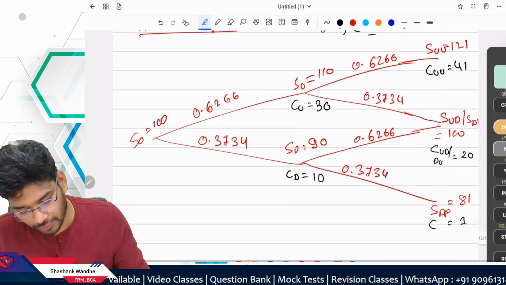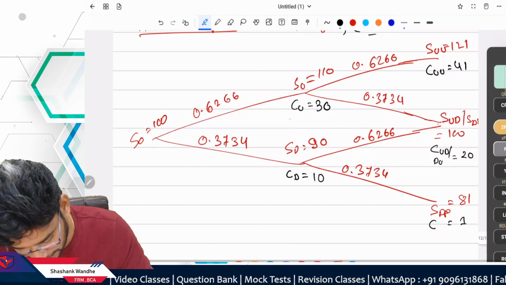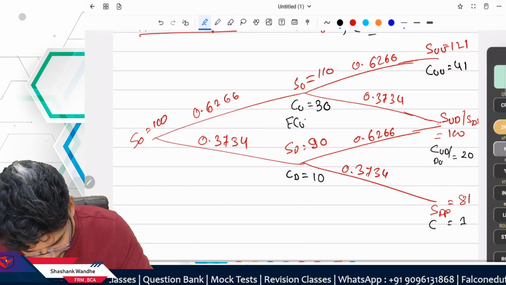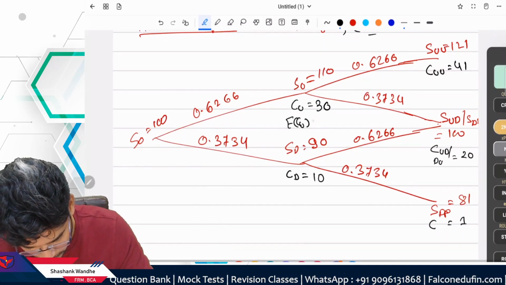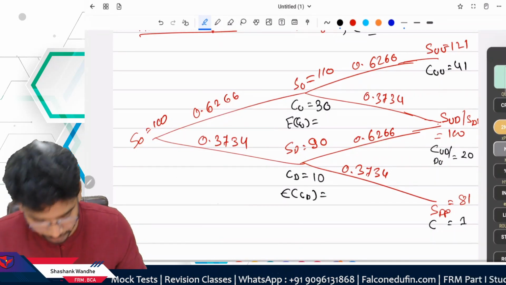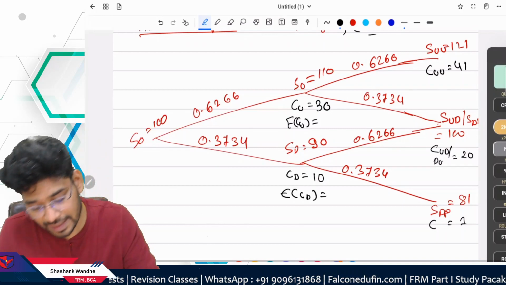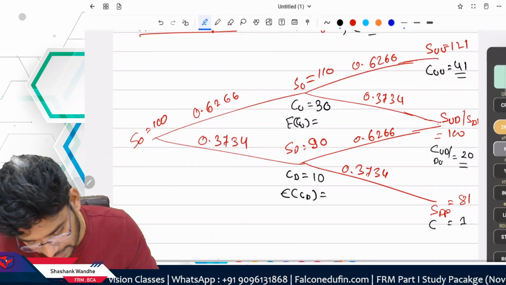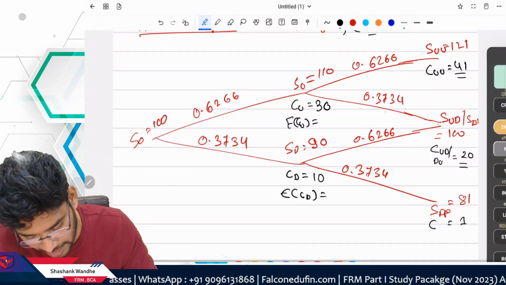Now first we will calculate the expected CU, and then expected CD, by simply multiplying these with the probabilities.